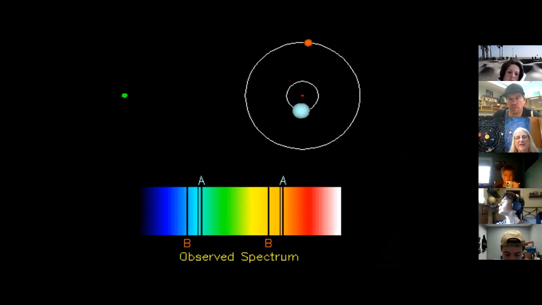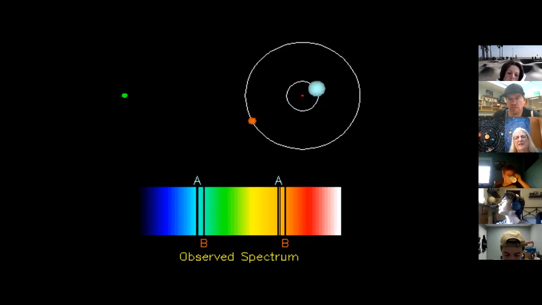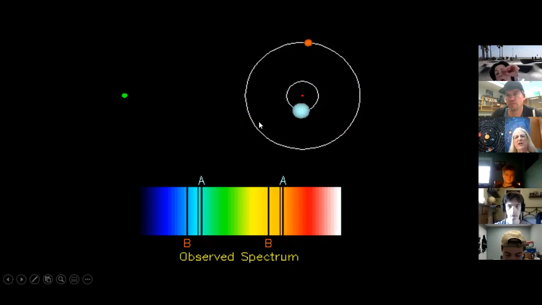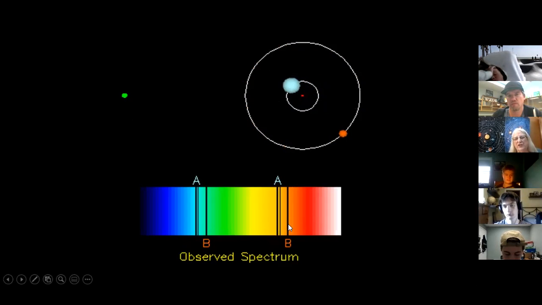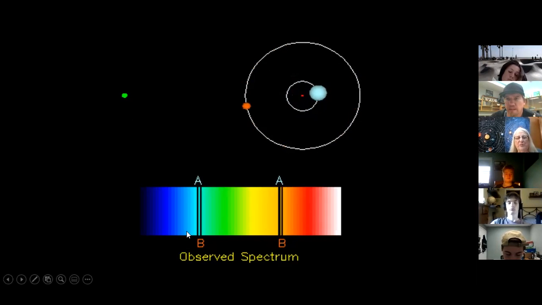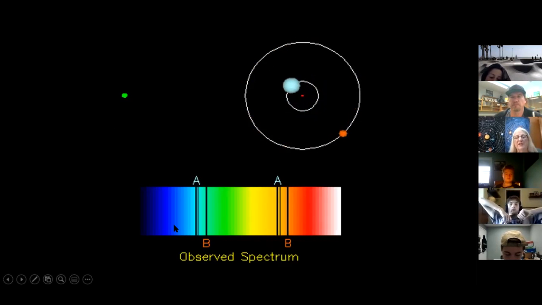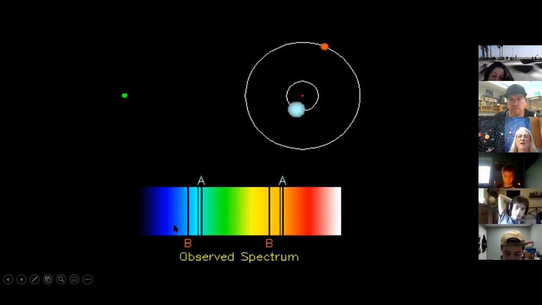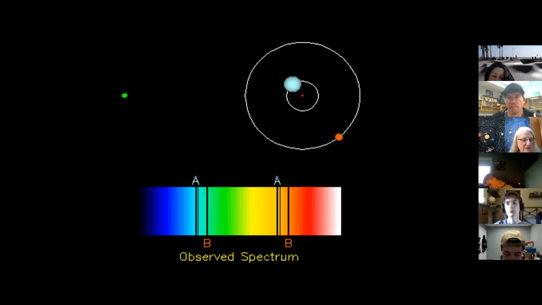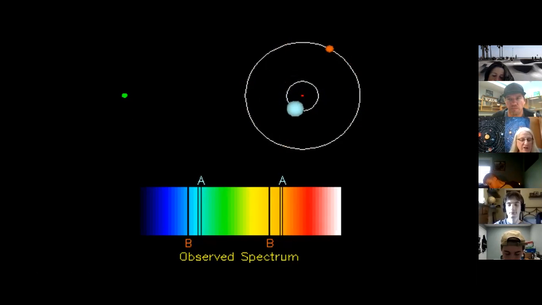But if we look at the spectra of that system, we can see that as the stars go away from us, it's shifted to the red end, and as it's coming towards us, it's shifted to the blue. So we get this spectrum for both stars, and we can see that they are moving away and towards us. So we can get information on the binary stars.